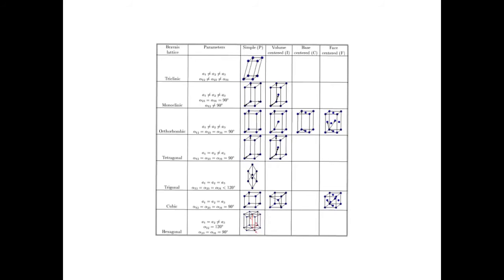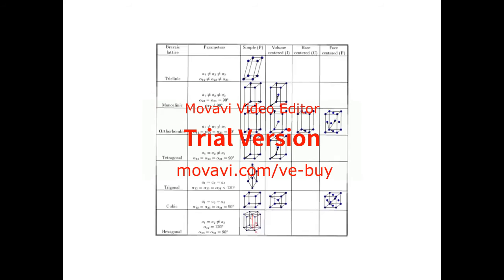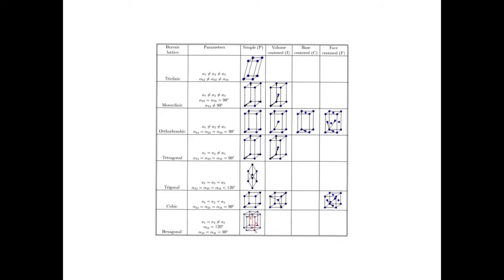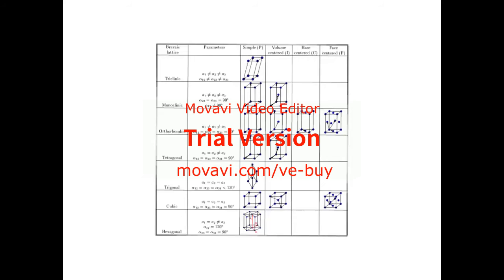For example, the monoclinic system, which is the second one in this list, is composed of unit cells whose unit vectors have magnitudes that are not the same, A1 not equal to A2, not equal to A3. But 2 of the angles are equal to 90 degrees, and the third one is something other than 90 degrees. That's the monoclinic system, which is, in some sense, a special case of the general triclinic system.